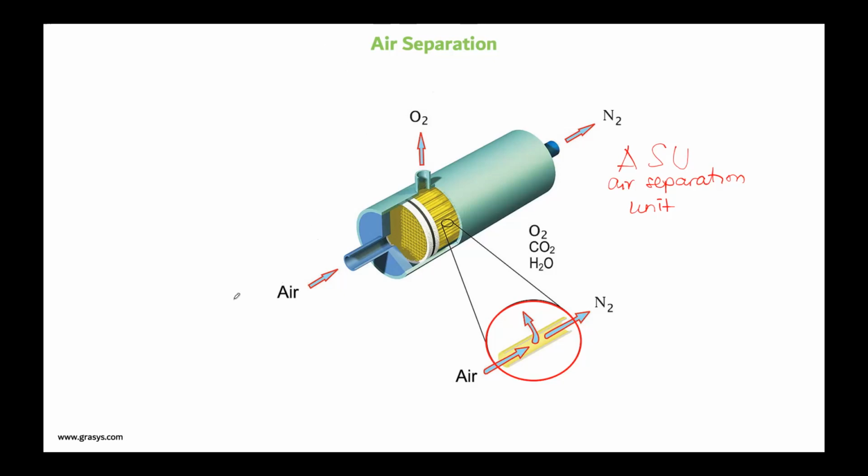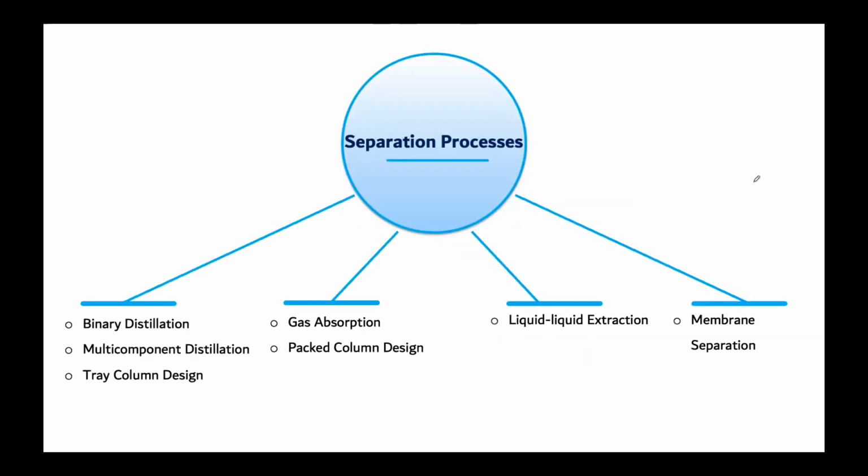Whereas in the membrane, the air is passed through those hollow membranes, which are permeable, and then the oxygen will flow out because of the permeation to the shell there. And then it will leave the pure nitrogen there.